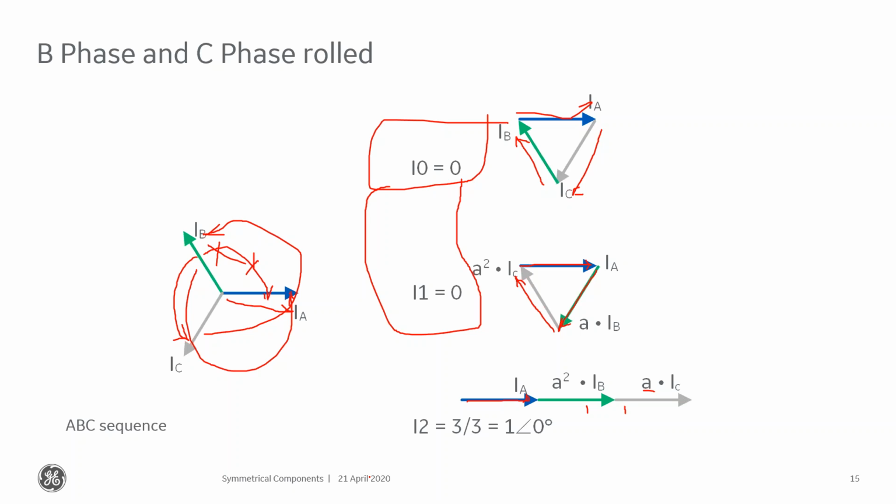When I take 1/3 of that to calculate my I2, it's 1 per unit. So in this case, I've got 1 per unit of negative sequence current and no positive sequence and no zero sequence. I just said that positive sequence quantities can't be less than negative or zero sequence. And in this case, we've got negative sequence quantities that are greater than positive sequence quantities. That's a wiring error, right?